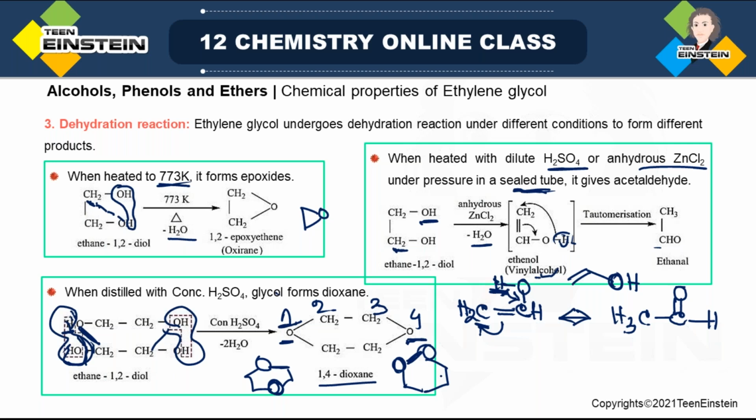But dioxane means there will be a cyclohexane ring, and 2 of the carbon atoms of the cyclohexane ring will be oxygen. That is known as dioxane. But this is 1,2-dioxane because the position of oxygen matters. So in this way, when you are distilling ethylene glycol with concentrated H2SO4, there will be formation of a dioxane molecule, which is a type of cyclic ether.